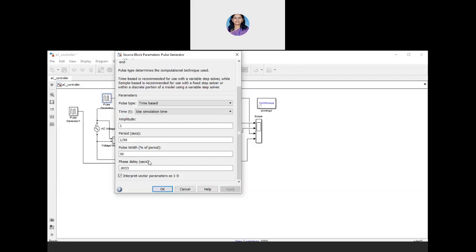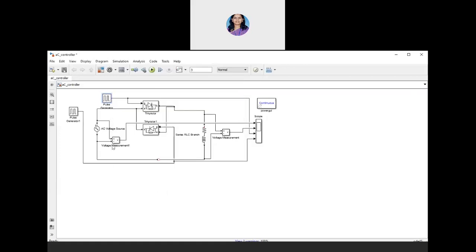In the last class I told you that you can consider the time period for 360 degrees as 1 upon 50 second. According to that, you can calculate the value of the phase delay in the time form. Fine. And there are two pulse generators that have been used.